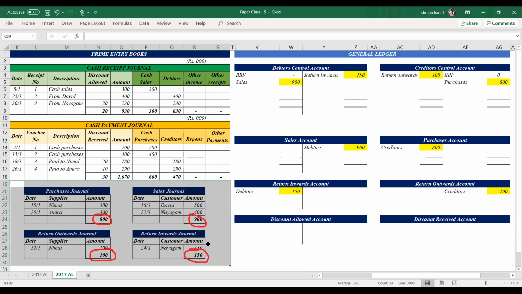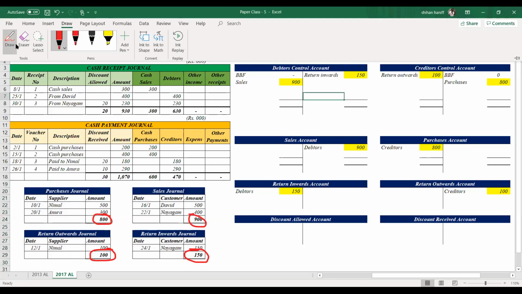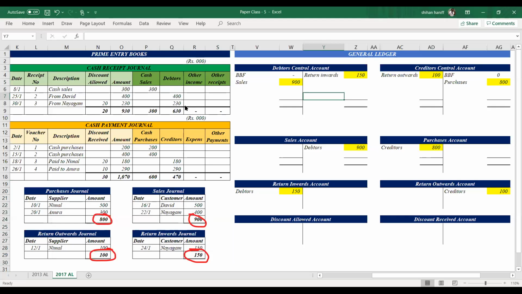Now let's take the transactions from the cash receipt and cash payment journals. So let's take from the cash receipt. What are the transactions that we need to take? The total of debtors, total cash sales, and the discount.